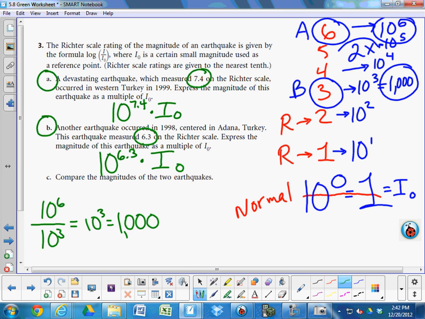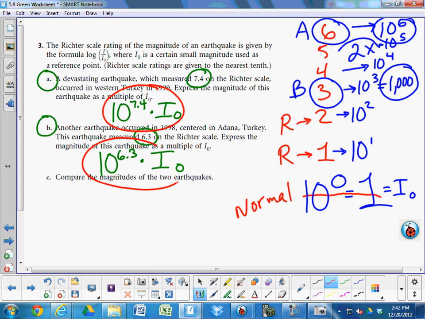It's really just one. And in fact, to compare the two, we divide them, right? To compare this earthquake to this earthquake, we divide them. True? Remember how I did that with earthquake A and B? I did 1,000,000 divided by 1,000. We're going to do that here.